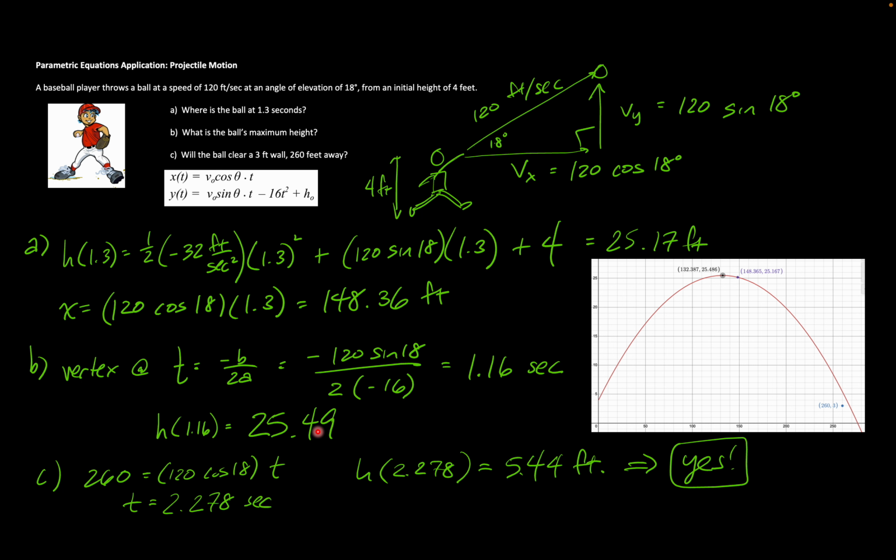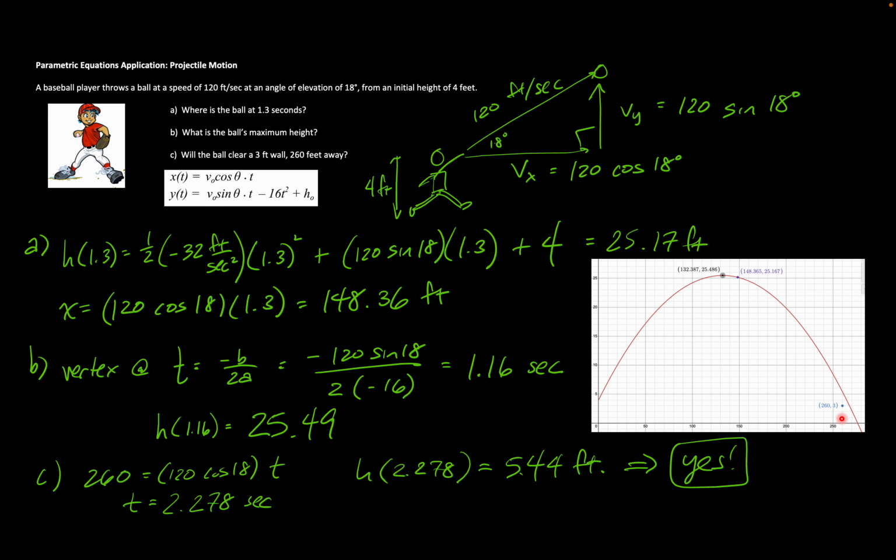And then finally, we were asked about the ball clearing or not clearing a wall that is 3 feet tall and is exactly 260 feet away. Let's look at a visual of it first. This is the trajectory of the ball. And then somewhere 260 feet away from the start of the motion horizontally, there is a wall that is 3 feet tall.